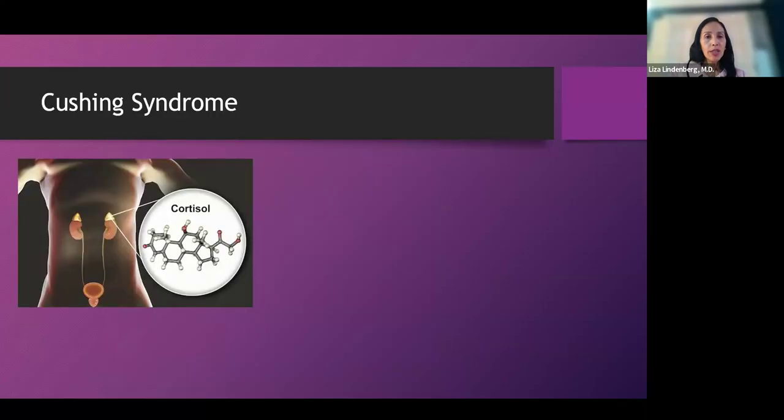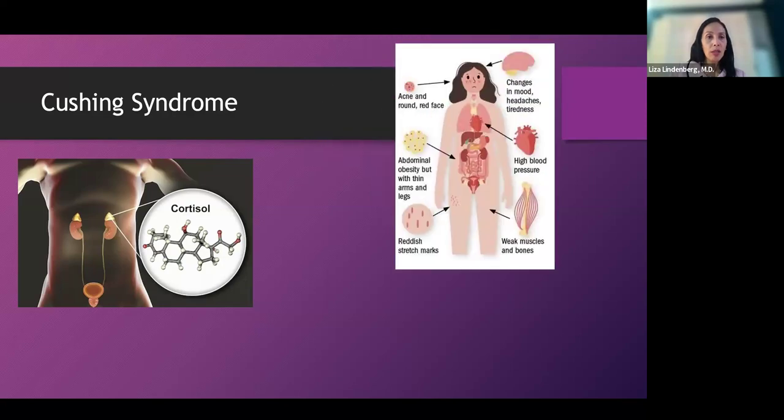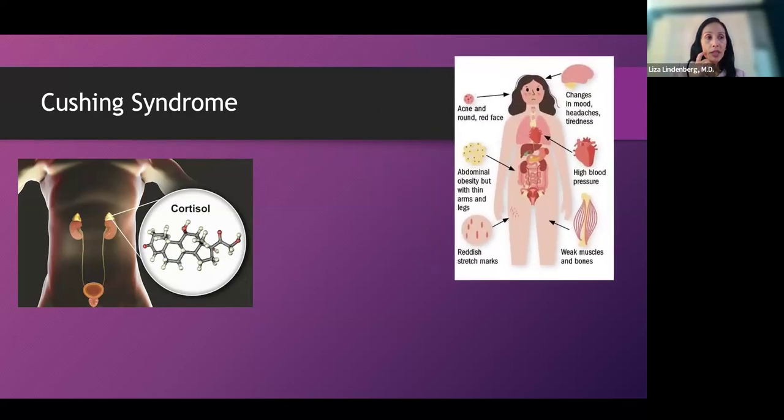So Cushing syndrome is another adrenal disorder that we're looking at. And the incidence of overt Cushing syndrome, which is the classical hypercortisolism, is low, affecting about 10 to 15 per million people annually, but often also underdiagnosed, and the true incidence is likely higher than reported.